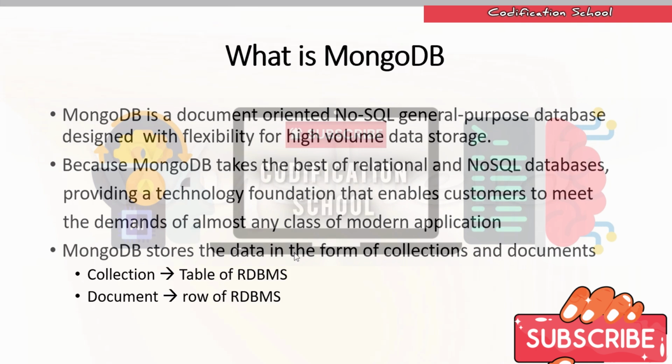MongoDB stores the data in the form of collections and documents. A document is the lowest unit by which MongoDB stores the data, which is equivalent to a row in an RDBMS. A collection is a set of documents, which is equivalent to a table in an RDBMS.